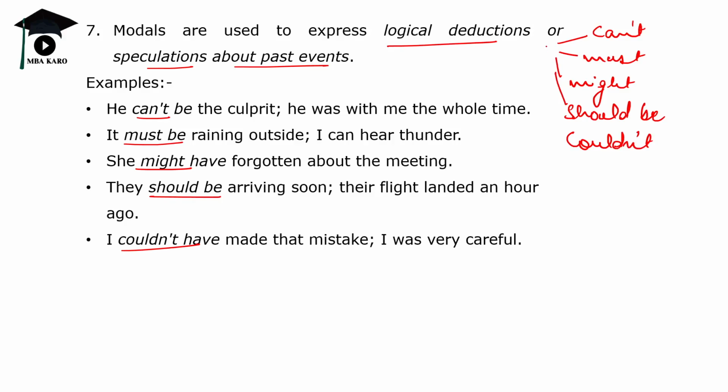Right? So you see, some modals are very irregular, right? They can be used anywhere. Might can be used anywhere, must can be used anywhere, right? So yet again, you have to see the sentence and then accordingly you have to use modals while filling up the blanks, because most of the time you are given fill in the blanks sort of questions, right?